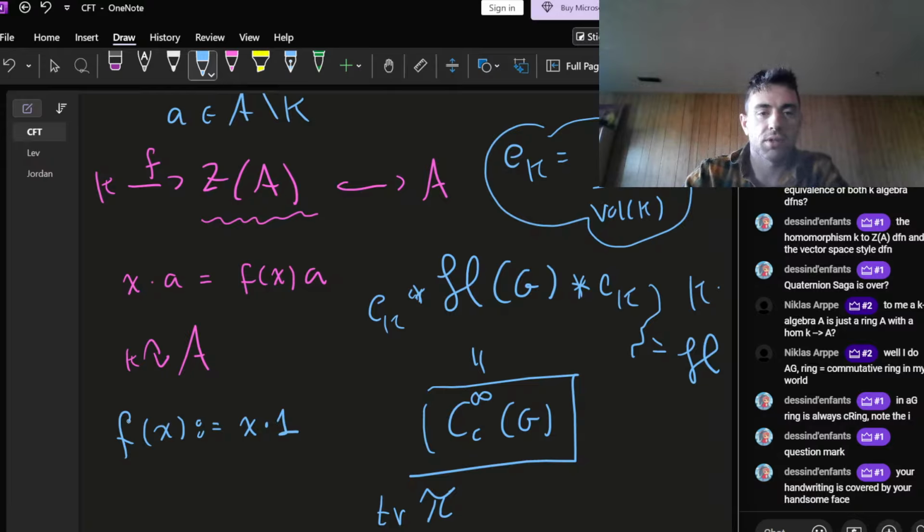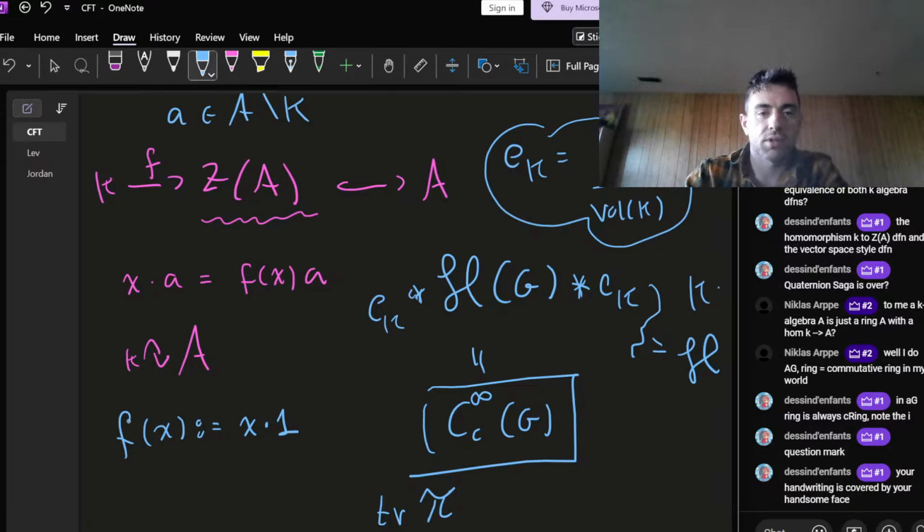Well, if you view it as formal sums of elements, the product, you define it to just be this double sum where you take the products of these elements.